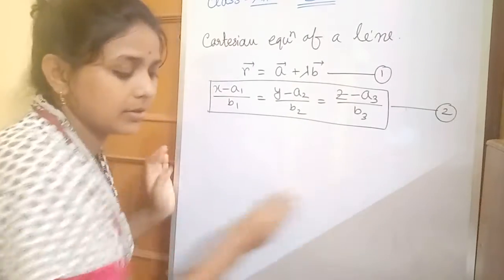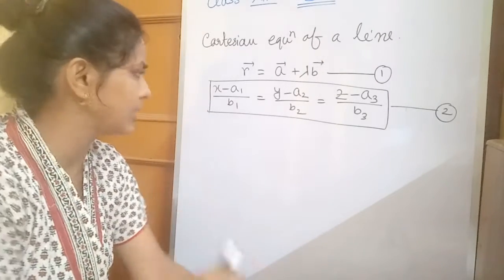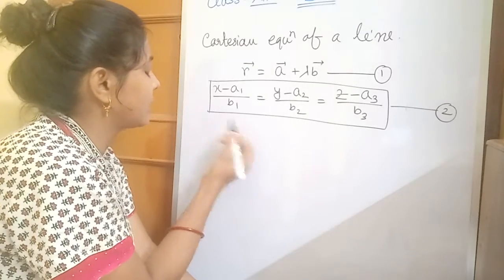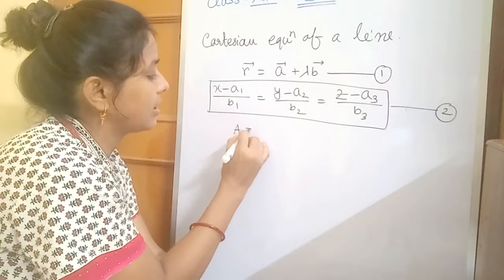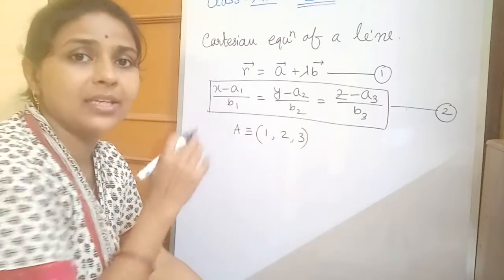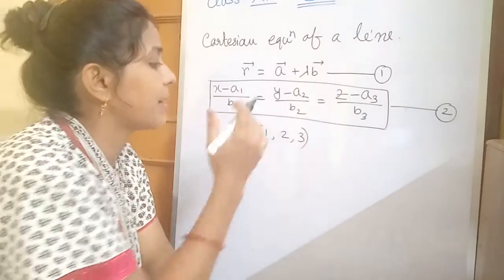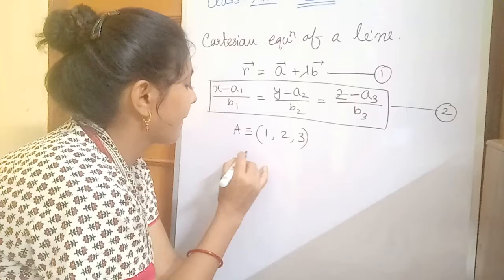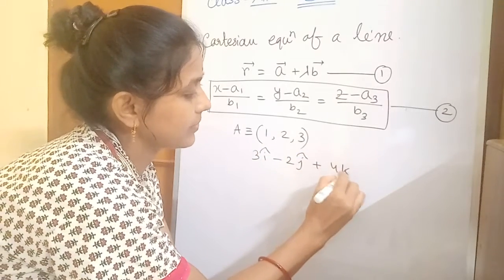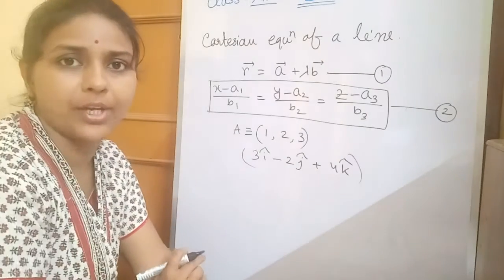Think about a line which passes through the point A, suppose 1, 2, 3, and is parallel to the vector 3i minus 2j plus 4k. This is the parallel vector and this is the given point.